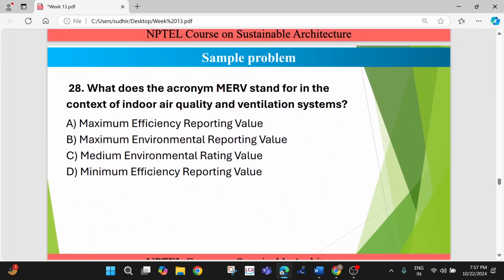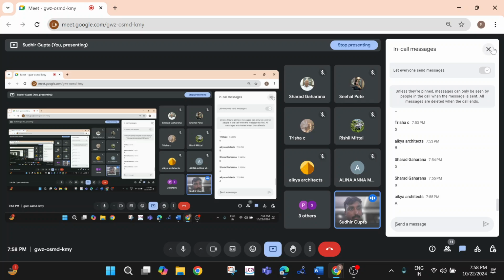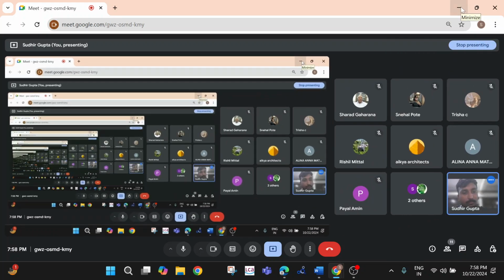Here is question number 28. What does the acronym MERV stand for in the context of indoor air quality and ventilation systems? MERV. Yeah, now I think all of you.